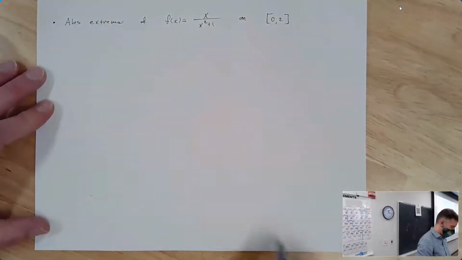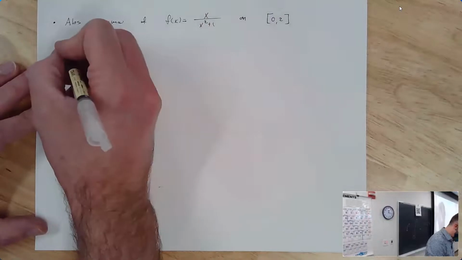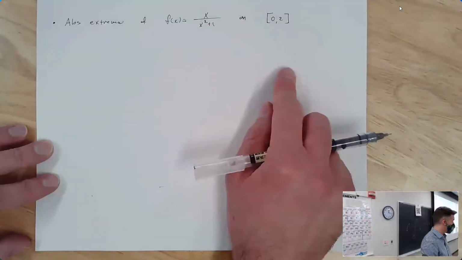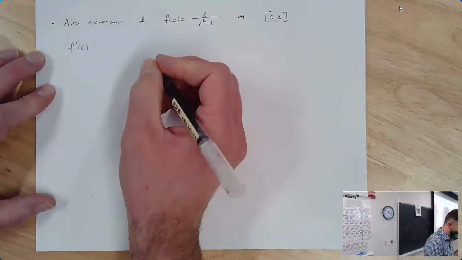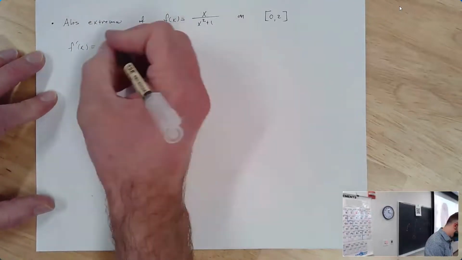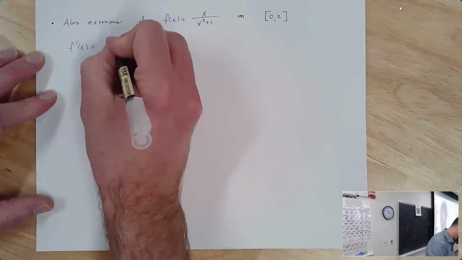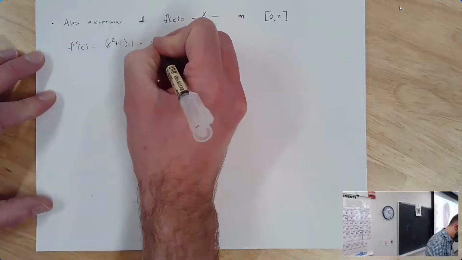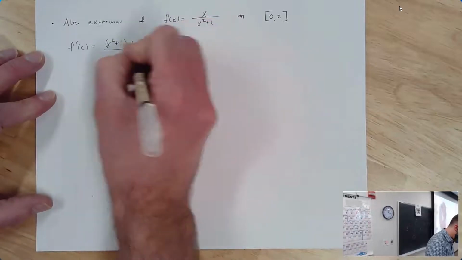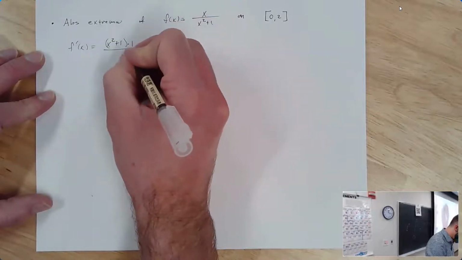Okay. So again, we know we're going to use 0 and 2, and we're also going to find the critical points. So I'm going to take my derivative, quotient rule: bottom times the derivative of the top, minus the top times the derivative of the bottom, all over the denominator squared.